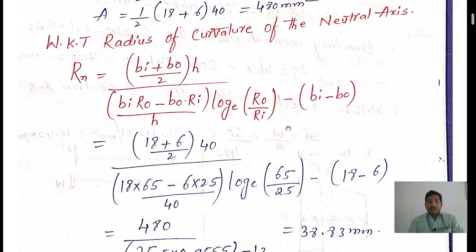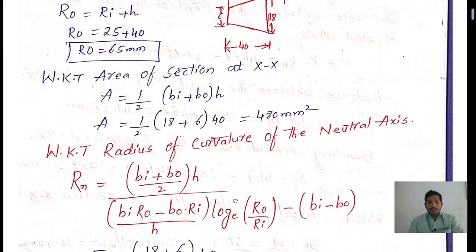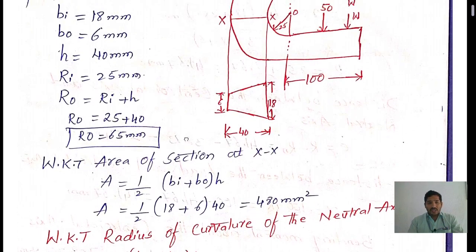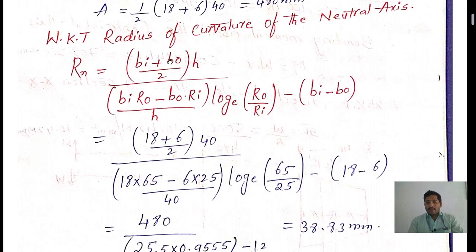Clear? Then inner radius is already given. Inner width is given as 18 mm and outer width is given as 6, so (18 plus 6) by 2.